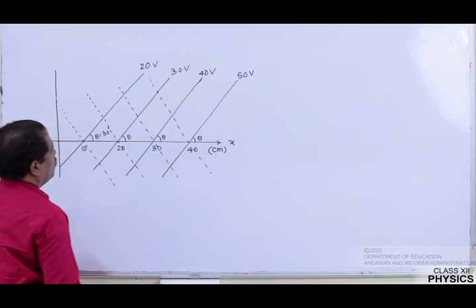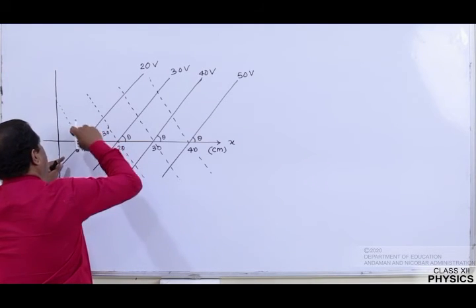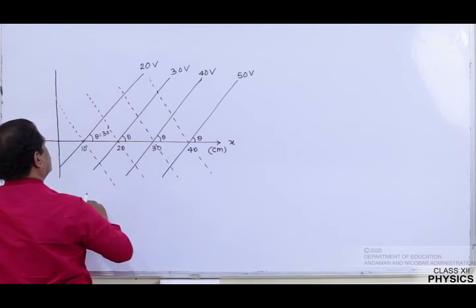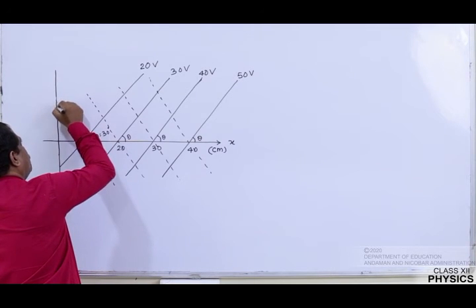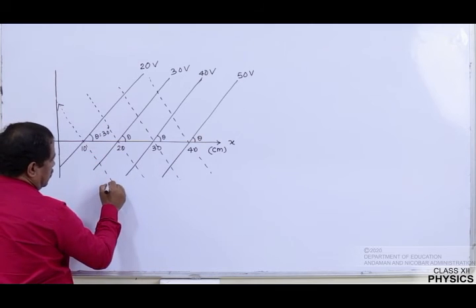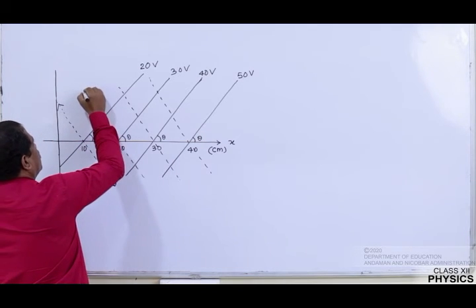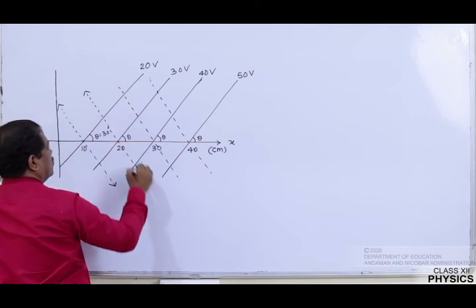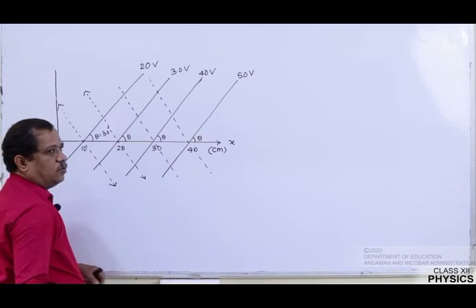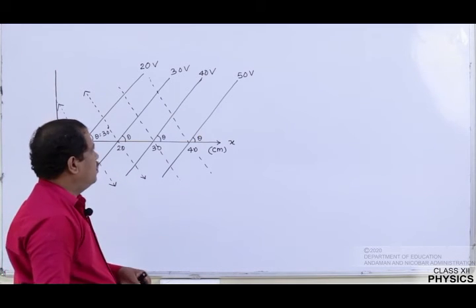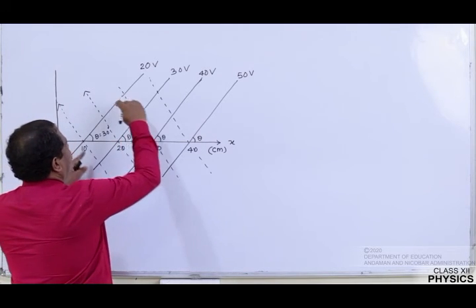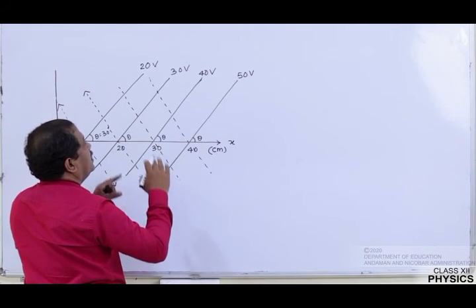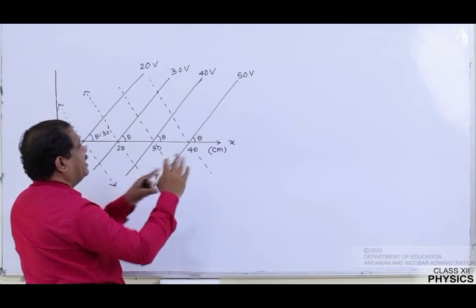Now, we studied that the electric field is always perpendicular to the equipotential surface. So if this is the perpendicular line, then the direction of the electric field can be like this, otherwise it can be like this. In order to determine which way is correct, I inspect the equipotential surface and see the direction of decreasing potential.